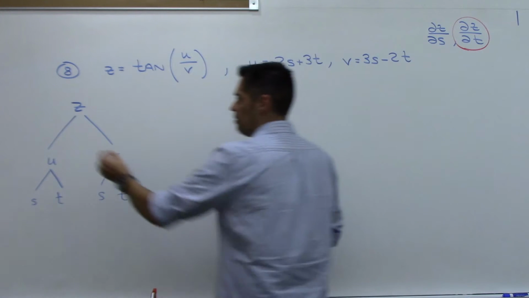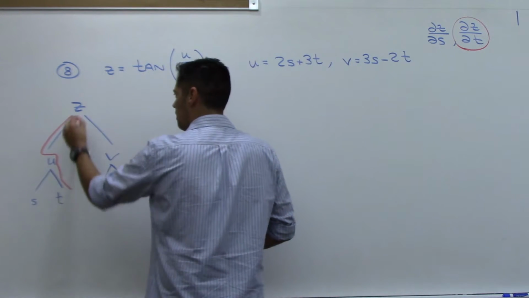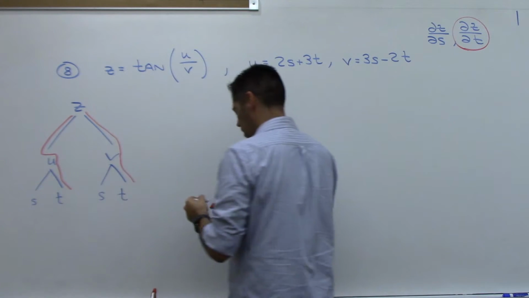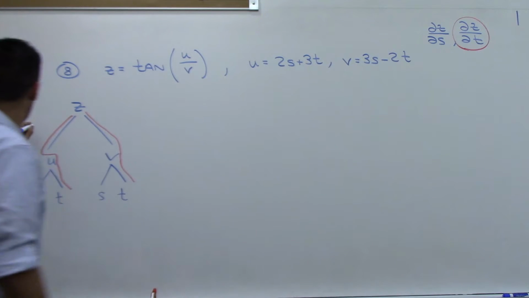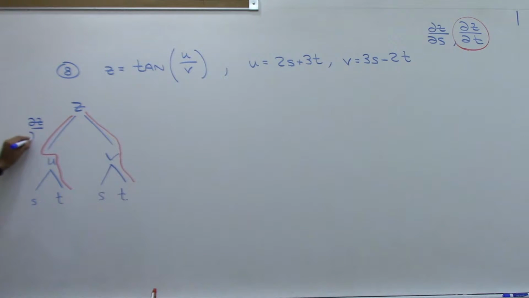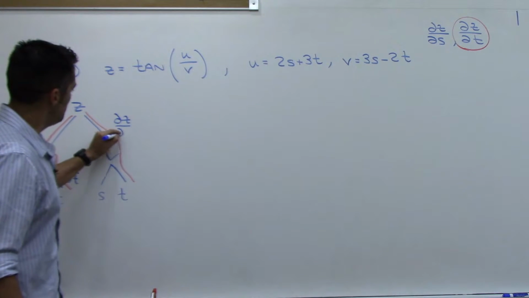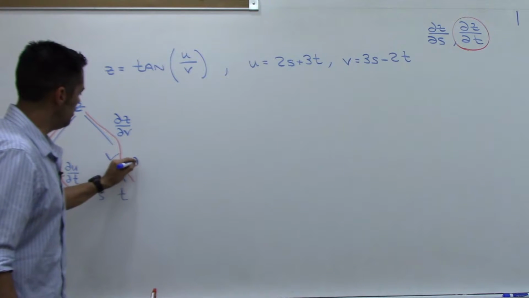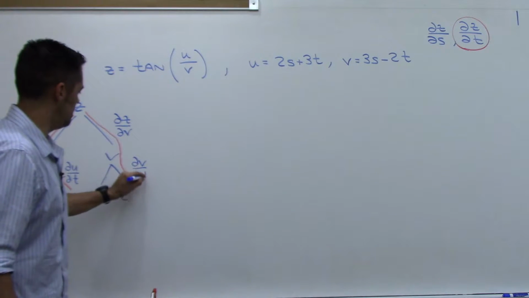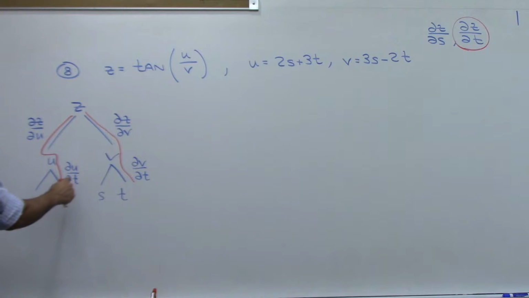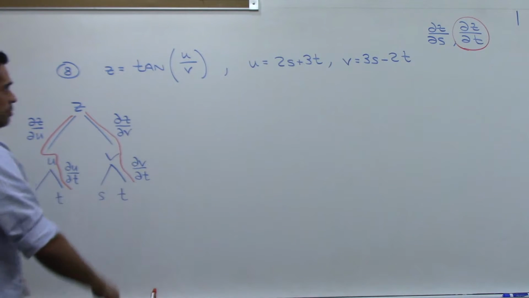So we're going to go down here, down the t path, here, down the t path. So it's going to be partial z with respect to u, partial u with respect to t, partial z with respect to v, partial v with respect to t. So I'm going to go here, multiply those two, add these two being multiplied.